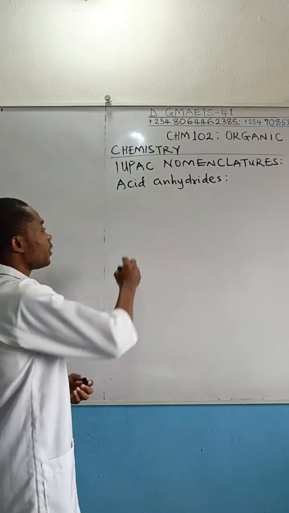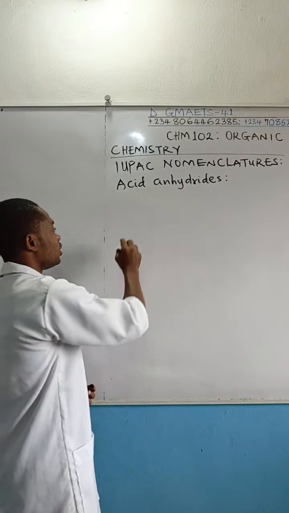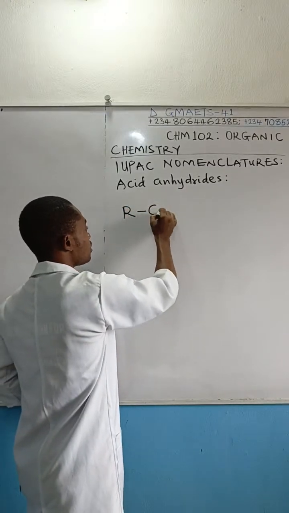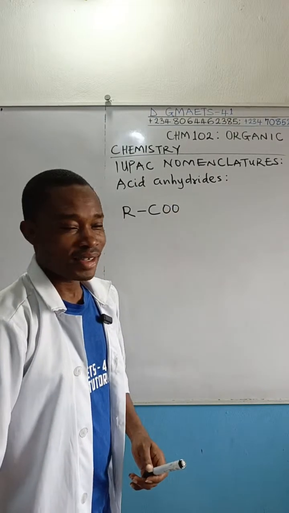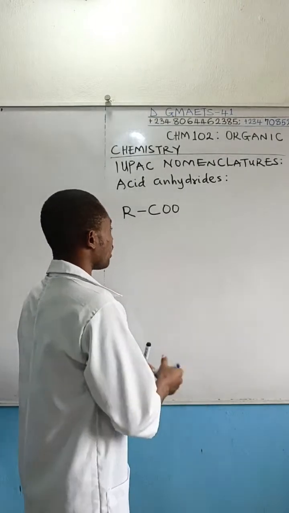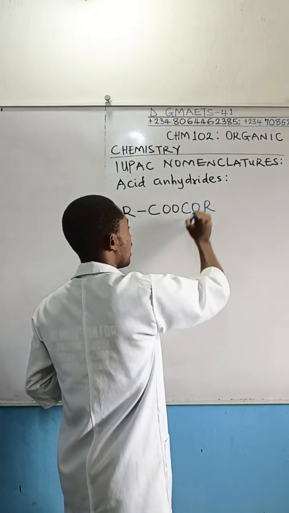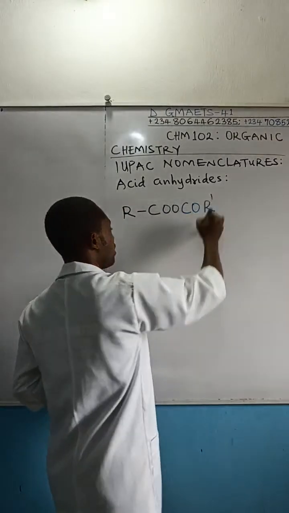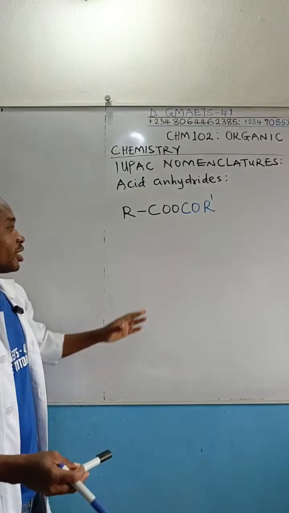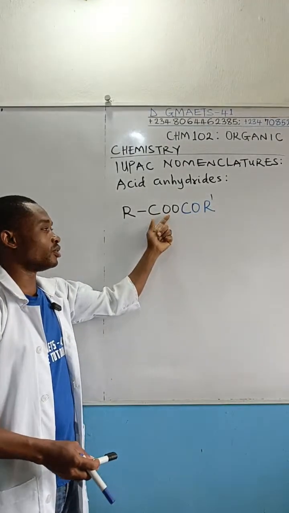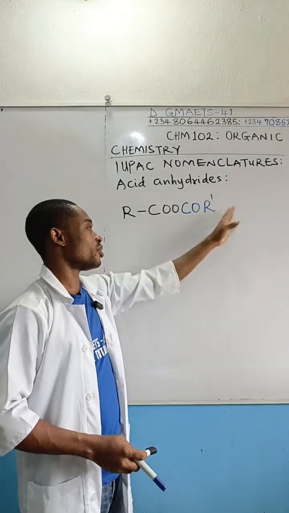First of all, the functional group of this acid anhydride is given as RCOO. Then permit me to use another shade of marker. This time I want to use blue, then COR. Let me put prime here. So you see what I try to do here is you have this part RCO, and then you have this part COR prime, or simply COR.